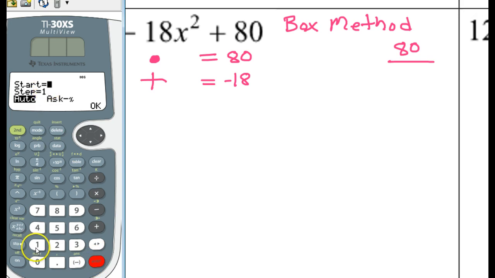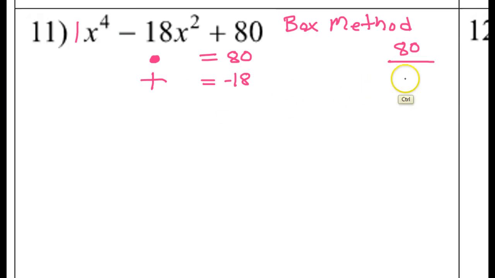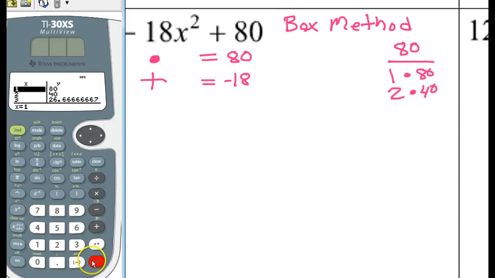I like to just start at 1, and just keep hitting enter till you get to the table. So basically they're giving you the very table that we need to write down. So I see 1 times 80, 2 times 40, 3 is giving me a decimal, so that's not going to be on the list.